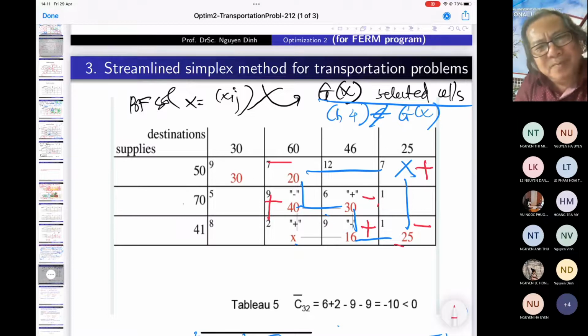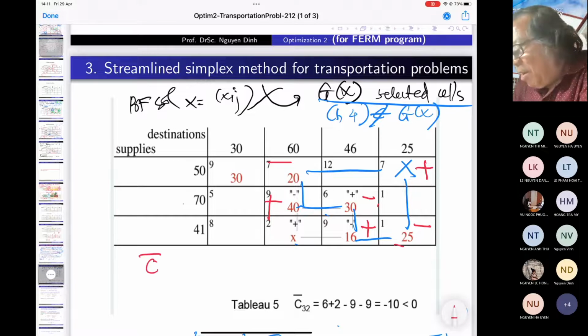Is that okay? Now calculate for me: C bar 1, 4 equals what?